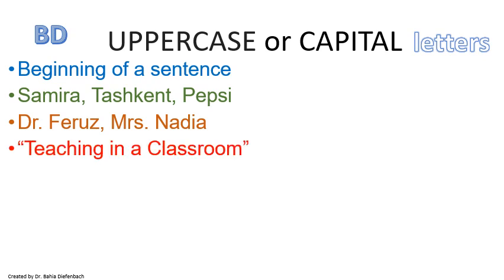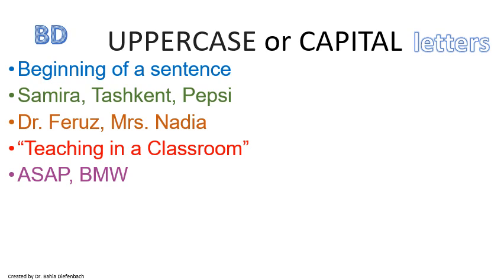Now, when we are stating the title of a book, an article, or a presentation, then every word in the title starts with a capital letter. Now, excluding the short prepositions and conjunctions. As you can see, in does not have a capital letter and a is not a capital letter.